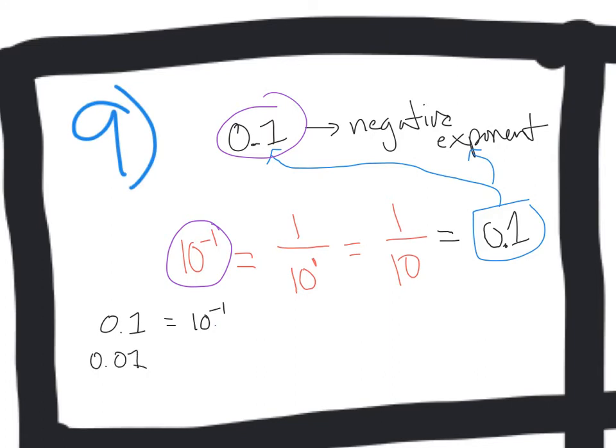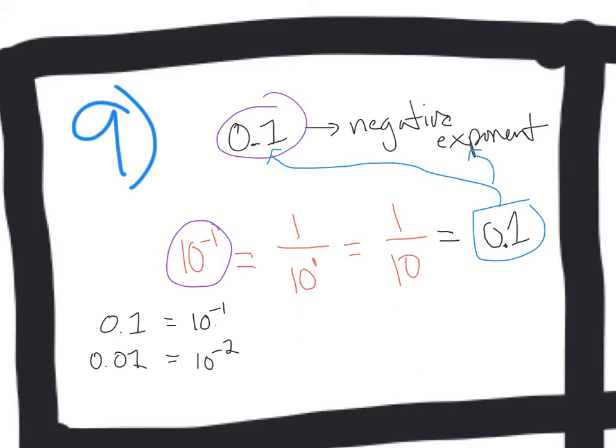We've also got 0.01, and here's a trick. Basically, you take your decimal and you count to the right until you get after your 1, and that is going to be your negative exponent. So here we go. I'm going to move the decimal once, twice, so my base is going to be 10 to the negative 2 for twice.